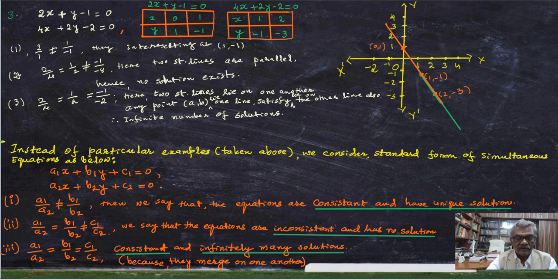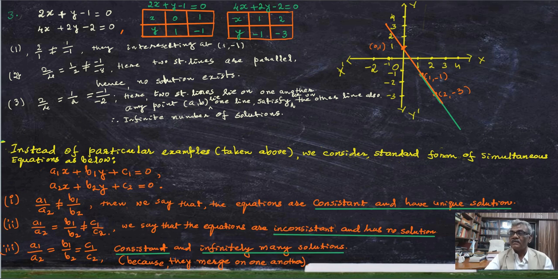And in the third case, the ratios of x, y, and also the constant terms are all equal. Then here also the equations are consistent. Being consistent means having a solution, and here infinitely many solutions, because the lines merge on one another.